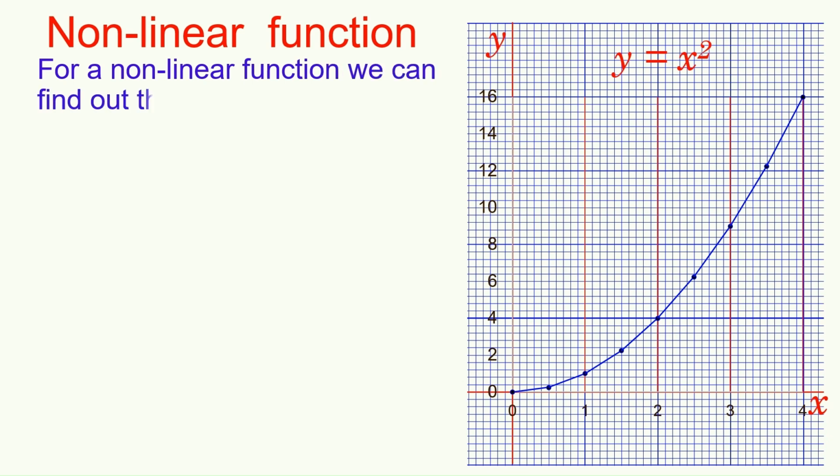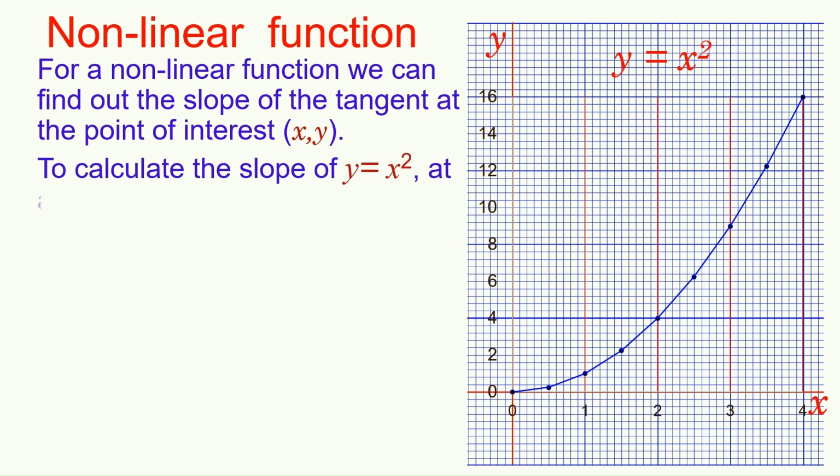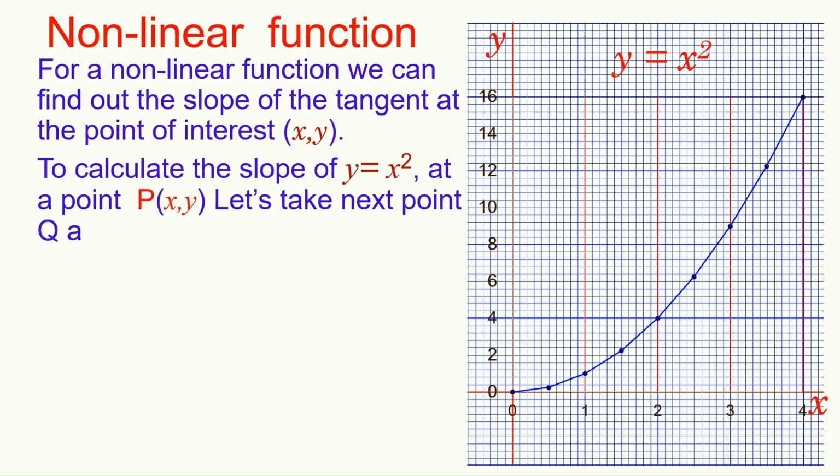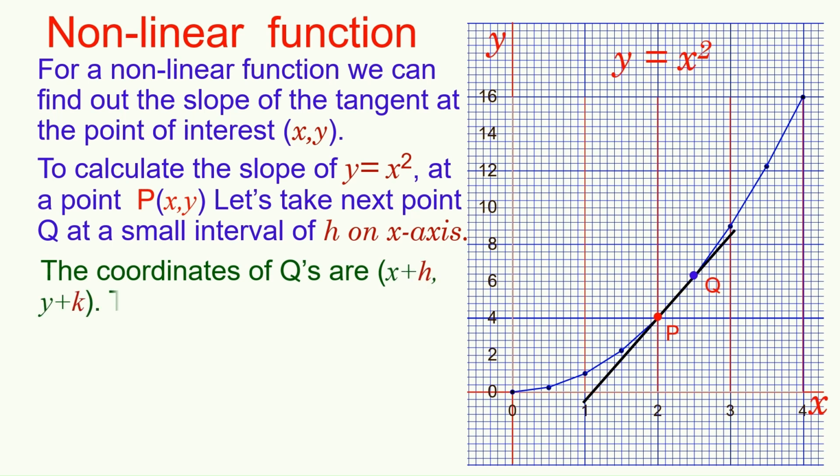For a nonlinear function, we can find out the slope of the tangent at the point of interest, x, y, to calculate the slope of a function, y equals x squared, at a point P, x, y. Let's take the next point Q at a small interval of h on the x-axis. The coordinates of Q are x plus h, y plus k.